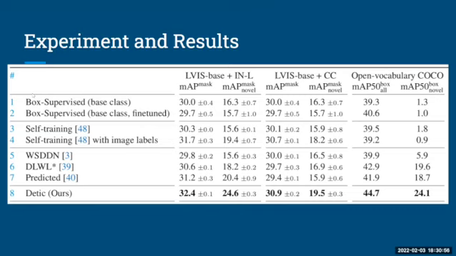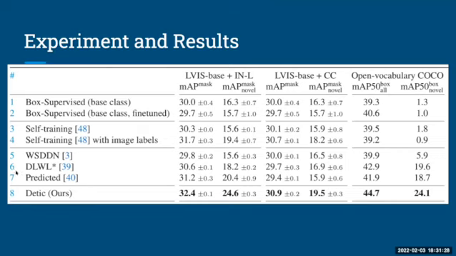So the first 2 lines that you see are the box supervised, which is the base results that I mentioned in the previous slide, and they have relatively okay scores on the different data sets. Self-training is a method that was introduced in a 2020 paper called a simple semi-supervised learning framework for object detection, and they have the scores for those methods as well on the different data sets.